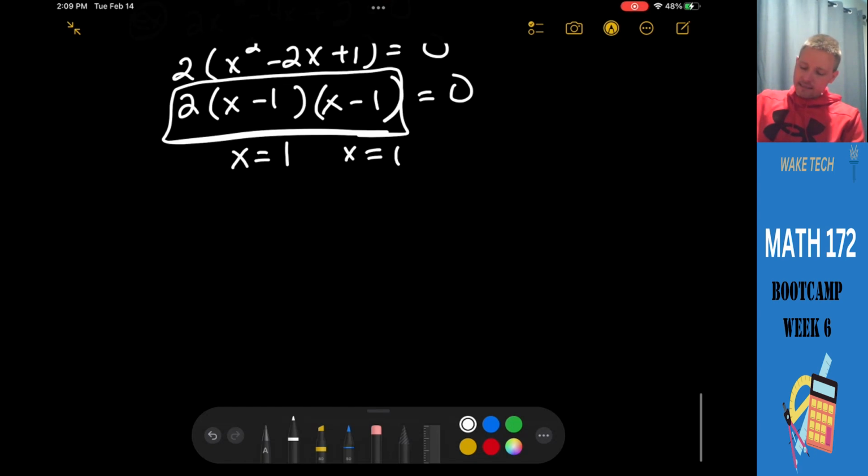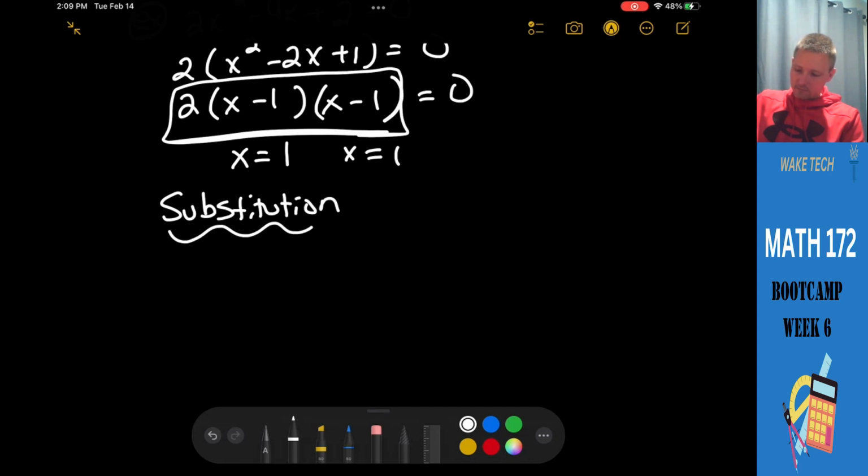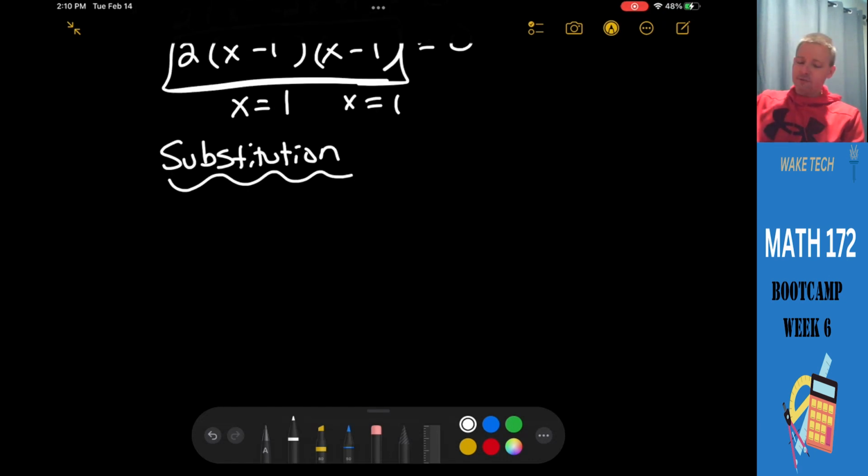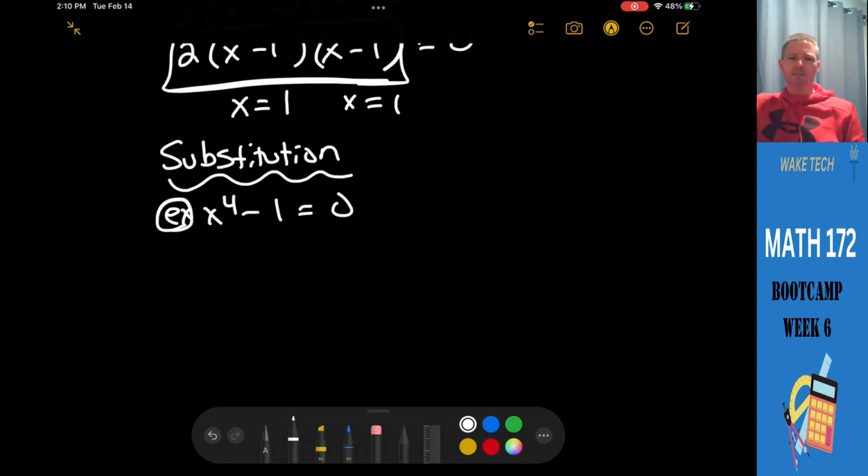Okay. Our last idea we're going to look at then is called substitution. When you might consider using substitution is when you're factoring something that doesn't look like something you've previously factored. Maybe that's a good way to describe that.